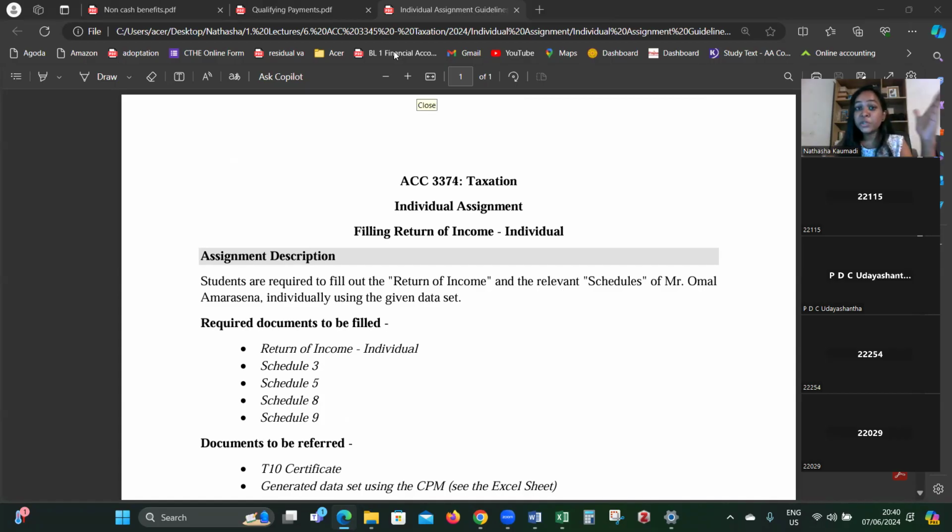Individually, you need to do this with your own handwriting. You can't copy other data sets. If so, that's incorrect. You need to enter your CPM number, get your own data set, fill it individually with your handwriting and submit, right? Okay. If you have no other questions, we can wind up the session.